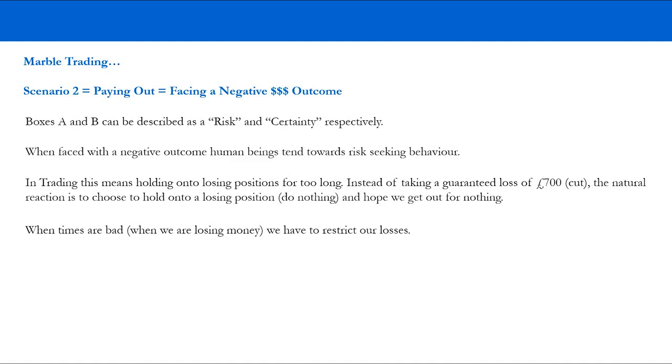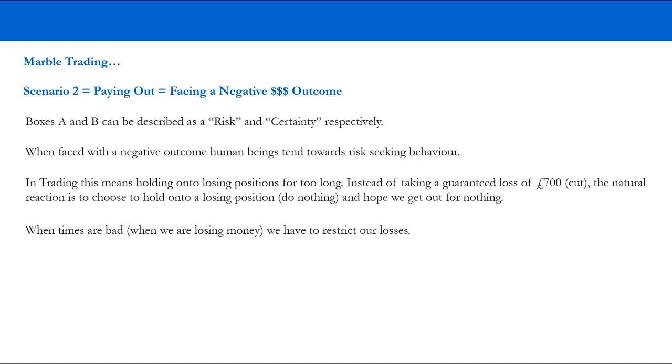And if you recall, if you pulled a blue marble, you have to pay me £1,000 from box A. If you go in box A and pull a red marble, you pay me nothing. And if you put your hand in box B, you have to pay me £700.